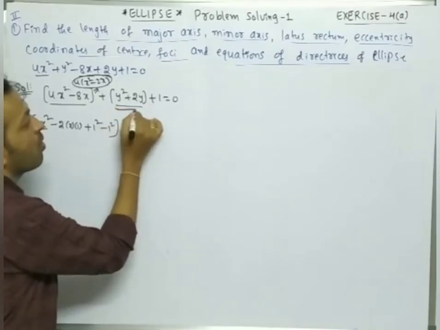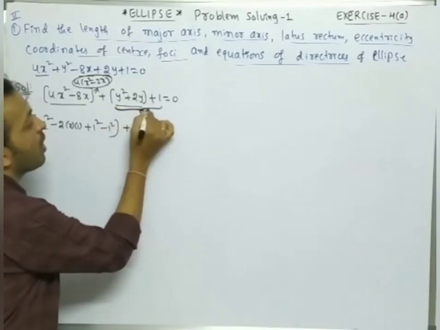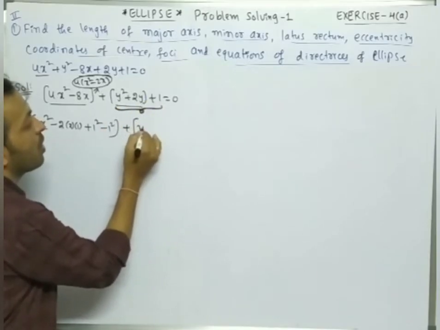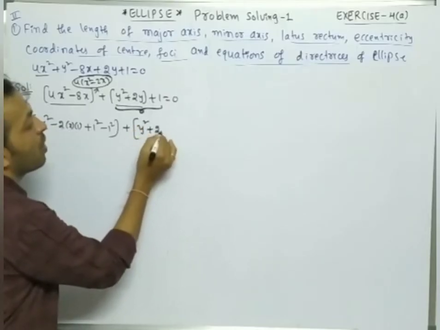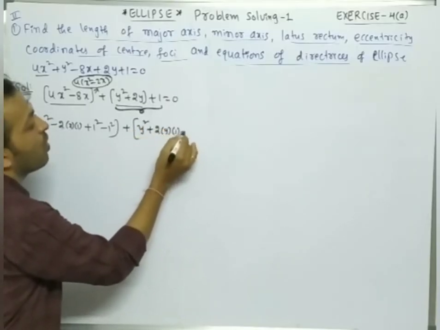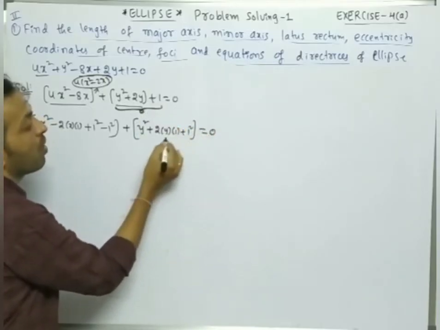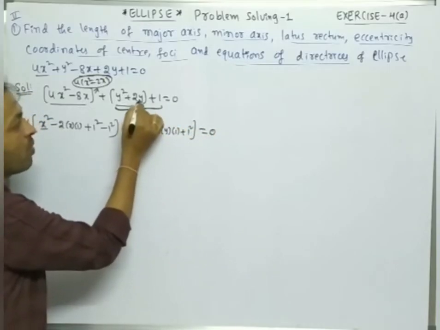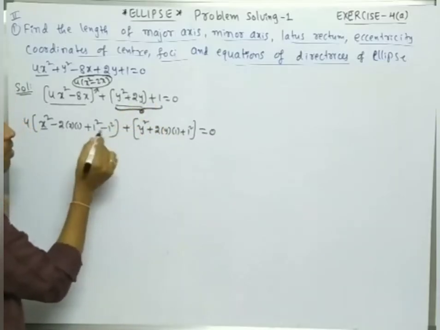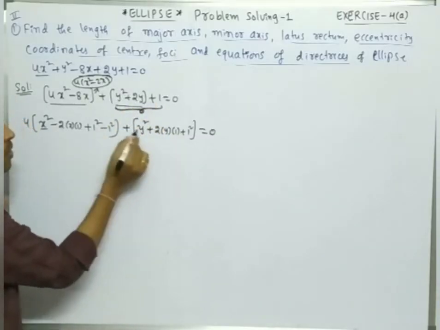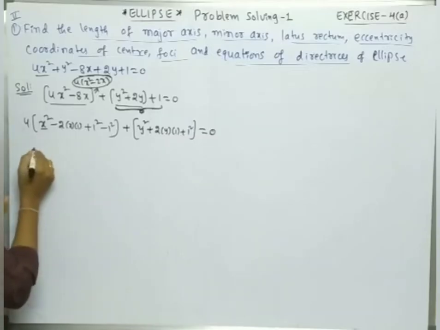Unexpectedly we have the right form here: y square plus 2 into y into 1 plus 1. No problem. Otherwise, if we don't have that term, then follow the same process, add and subtract to this term also.